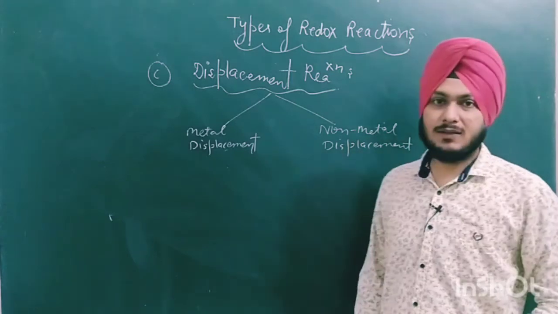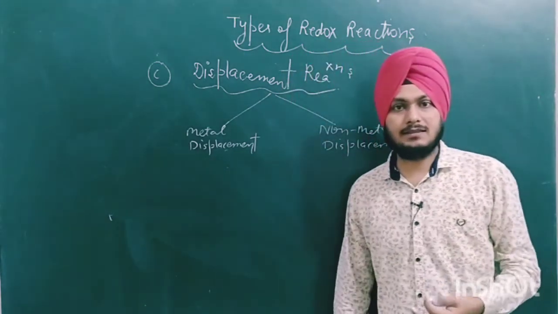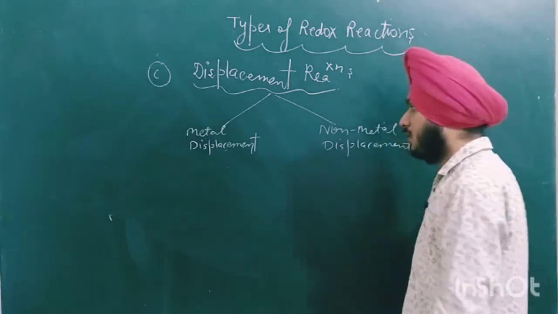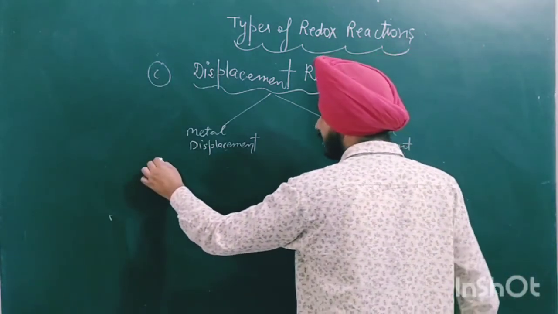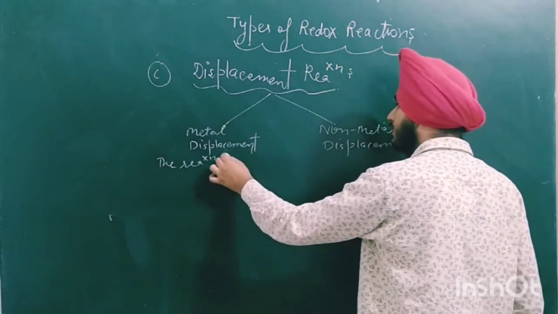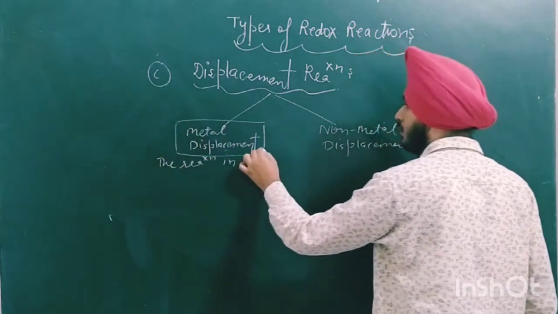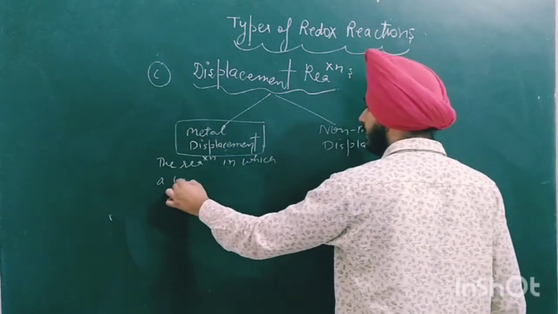Now, what is metal displacement? The reaction in which a highly reactive metal displaces a less reactive metal from its salt is known as metal displacement.